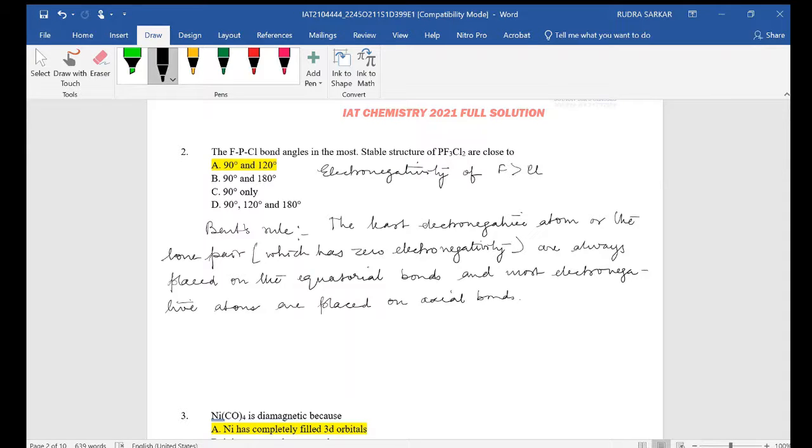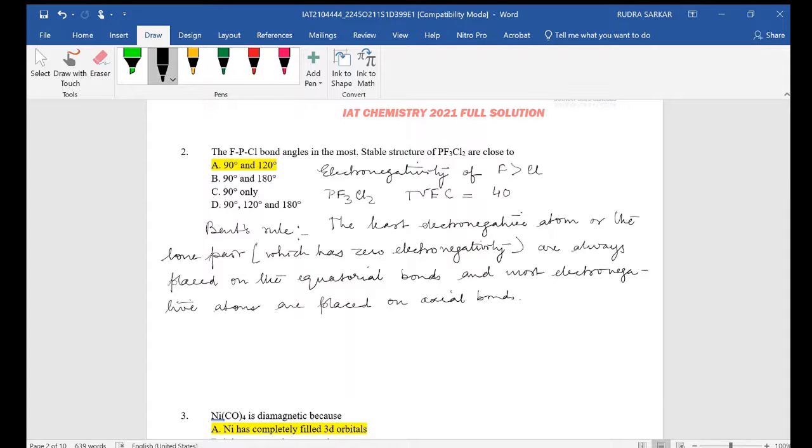So for the molecule PF3Cl2, if we do the total valence electron count, that will come out to be around 40.